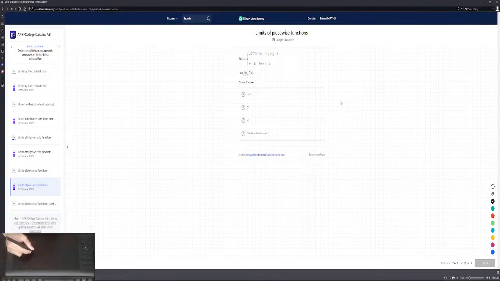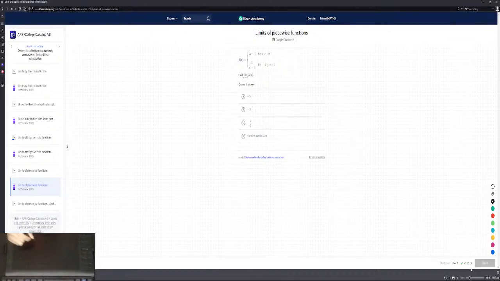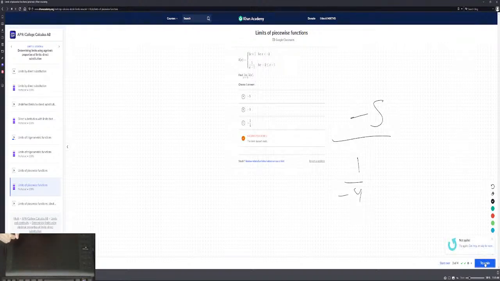They have to be equivalent to each other when you substitute, and you'd end up getting 4. Wait, no. Yeah, you get 4. So both of these have to be equal to each other. Negative 5 and 1 over negative 4. The limit does not exist.